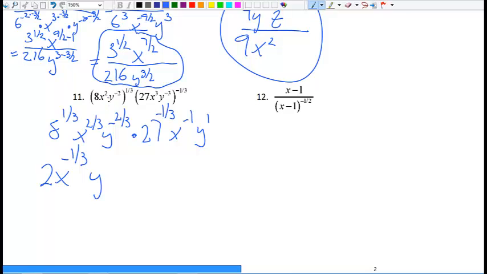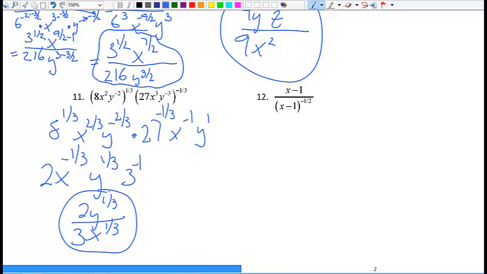Again, add the exponents there, so negative 2/3 plus 1 would give us positive 1/3. And then 27 to the negative 1/3, well, cubed root of 27 is 3, so that gives us 3 to the negative 1. And then I can just rearrange this in terms of a fraction. So I get 2y to the 1/3 in the numerator, and I get 3x to the 1/3 in the denominator.